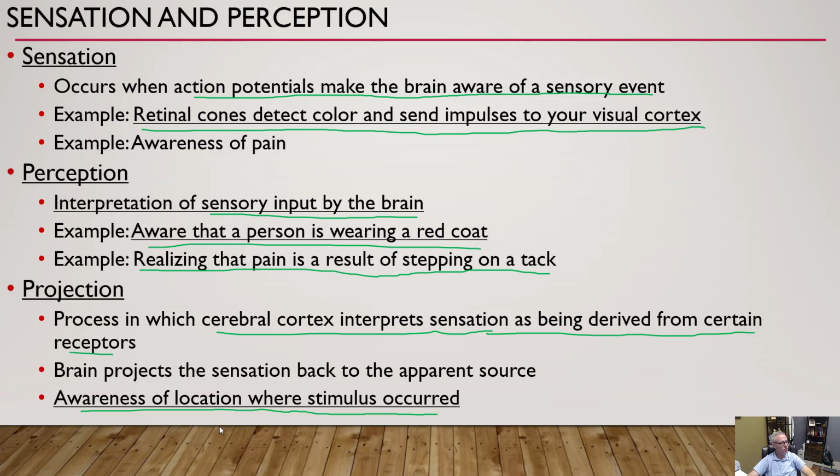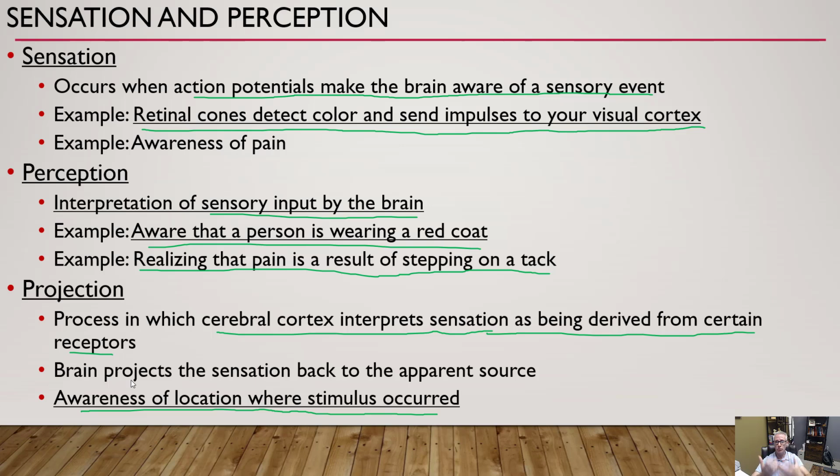That's called projection. Going back to the stepping on the tack example, you are fully aware that you've stepped on a tack. You've done your withdrawal reflex, your crossed extensor reflex that we talked about a couple chapters ago. You're now cussing because you stepped on a tack and oh my gosh, it hurts so bad.